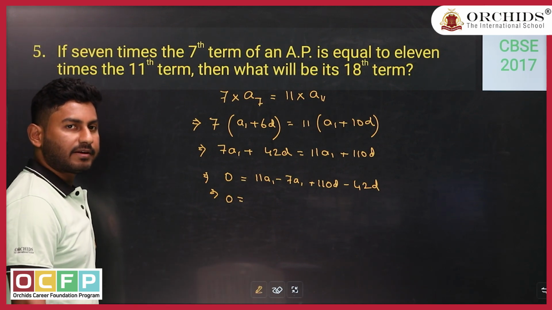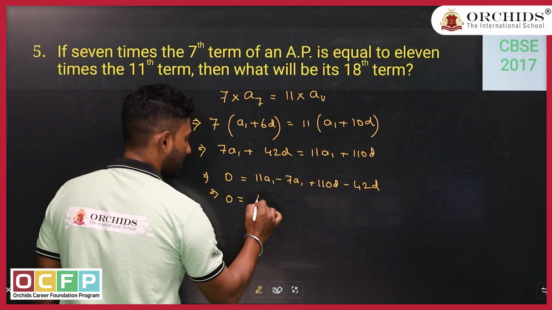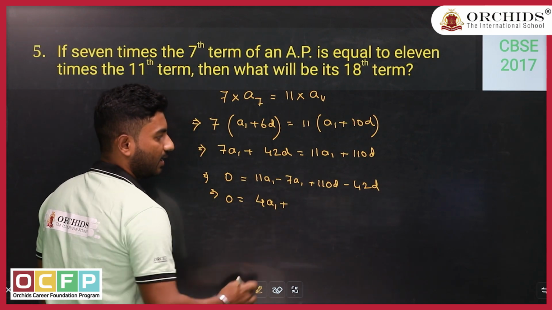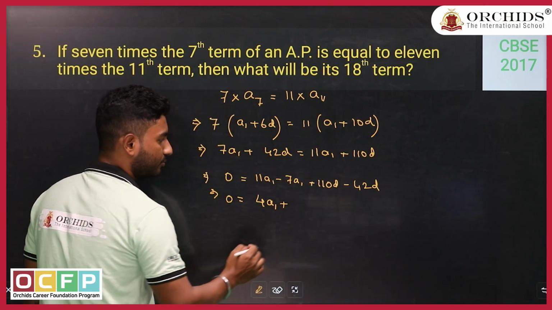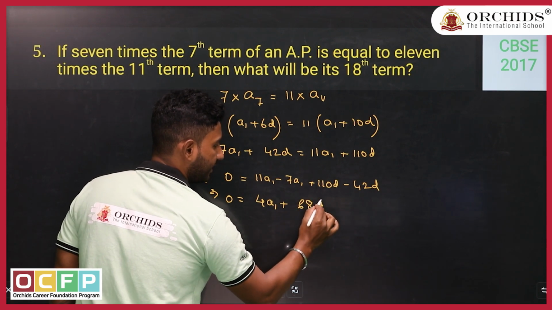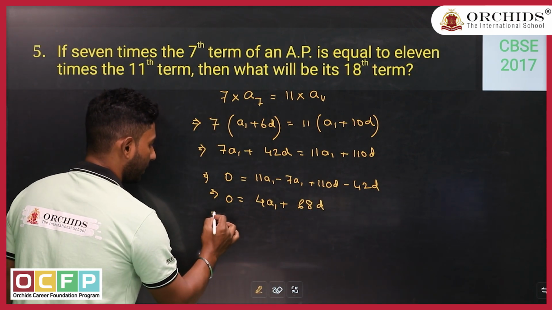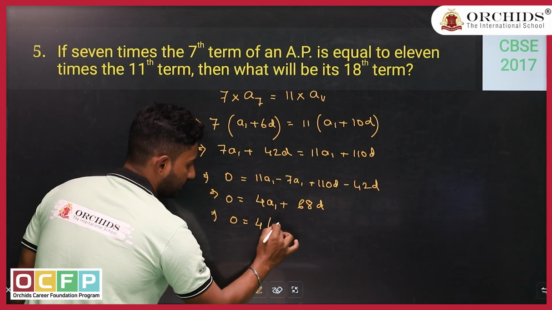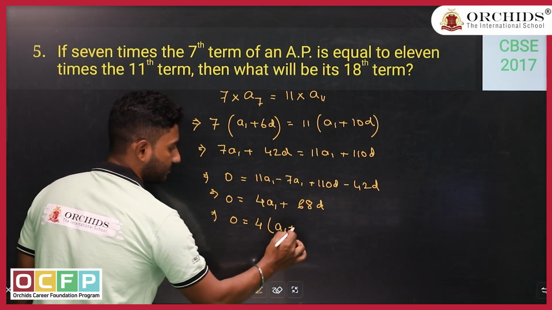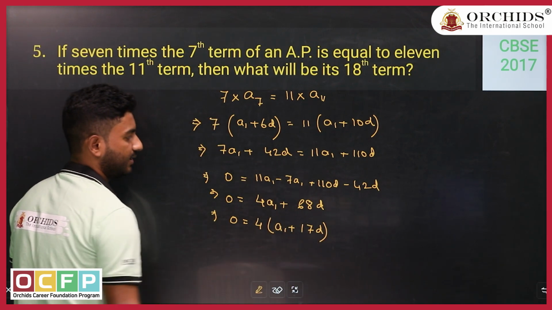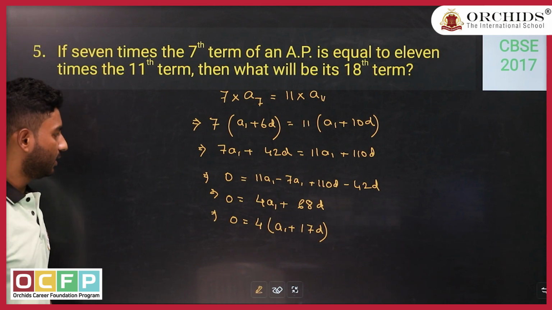What is 11 minus 7? 11 minus 7 is 4A1 plus, what is 110 minus 42? 68D. Okay. Can I take 4 common from both? Let's take it. A1 plus 17D, if I am not wrong.